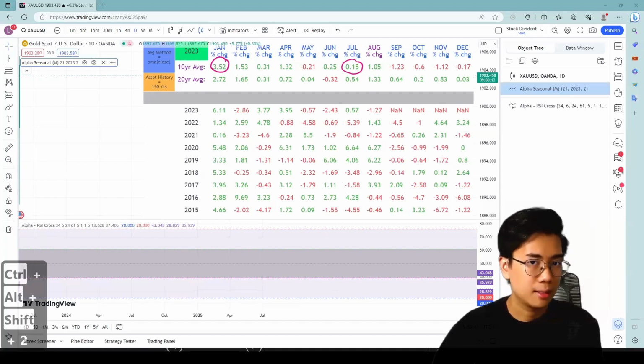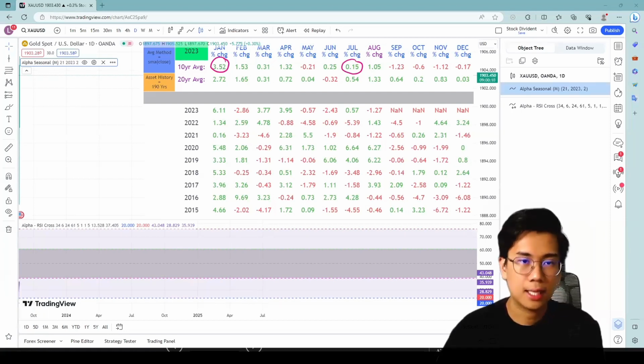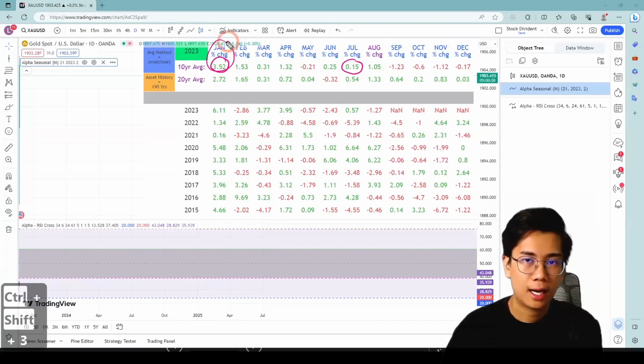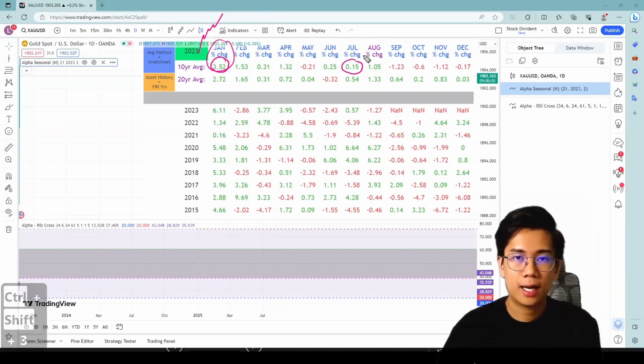What does that mean? That means January has a high chance to be trending, and because it's positive, it's trending upward. But July is a very small number, same as June, same as May. It will be ranging, either slowly ranging up or down a bit, then coming down like this.